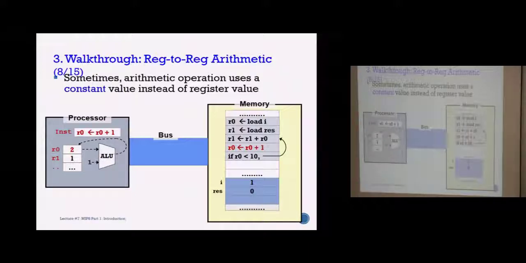So you can see there are two different types of instruction in this example. One is where you take a register and a register. R0 add with R1, correct? A register added with another register.